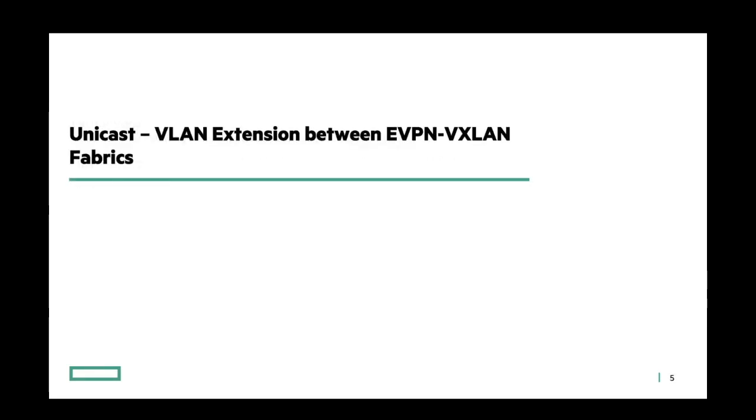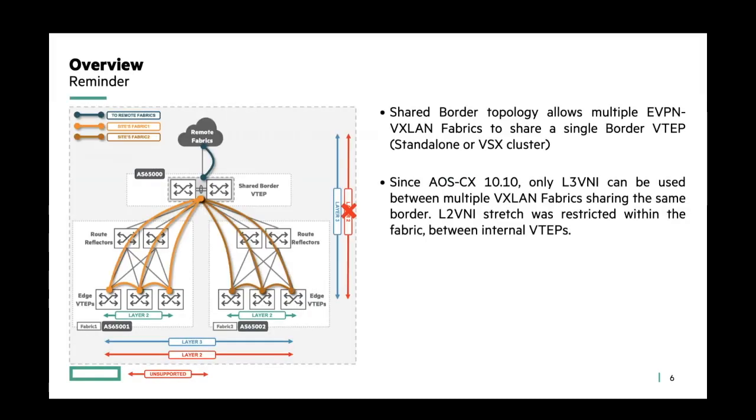Okay, so the first update is about the support of layer 2 extensions across fabrics attached to a same child border. So let me just take my pointer. First, just a reminder, the child border topology supported since AOS-CX 10.10 allows multiple EVPN-based fabrics to share a single border VTEP, which could be standalone or VSX cluster.